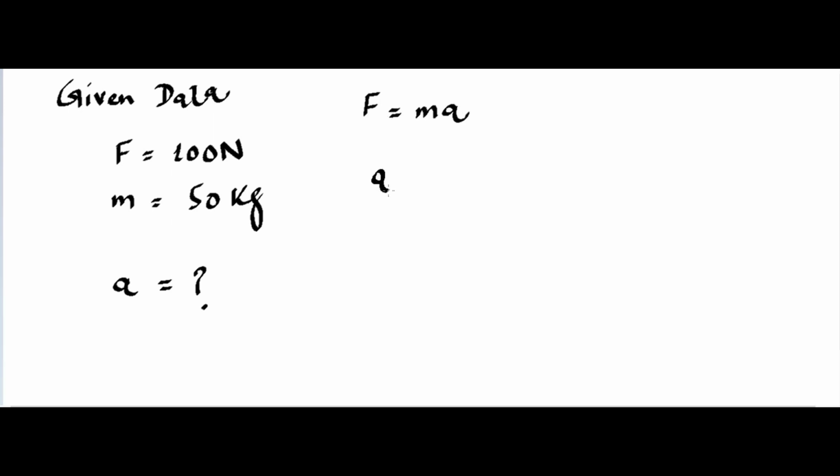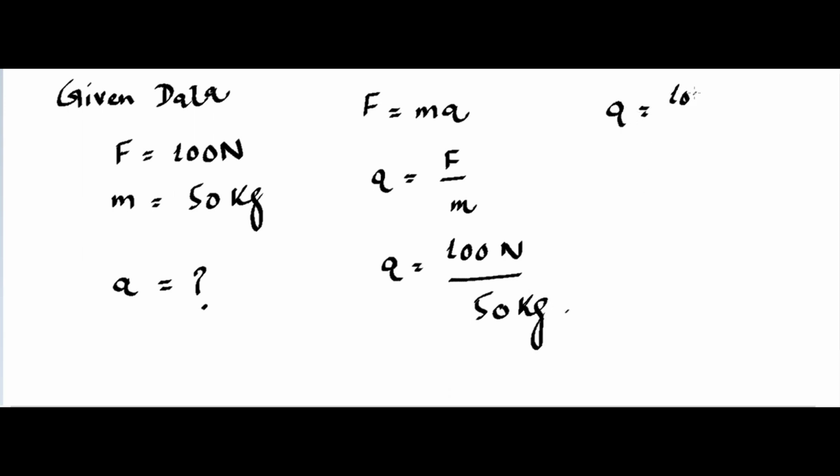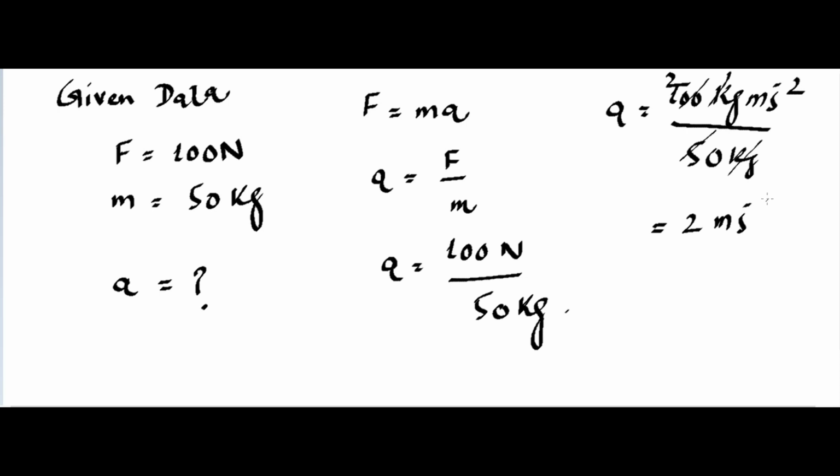To calculate the acceleration, F divided by m. A is equals to 100 Newton divided by 50 kg. A is equals to 100. As we know, Newton is equals to kilograms meter per second square. So divided by 50 kg will give the answer of 2 meter per second square.